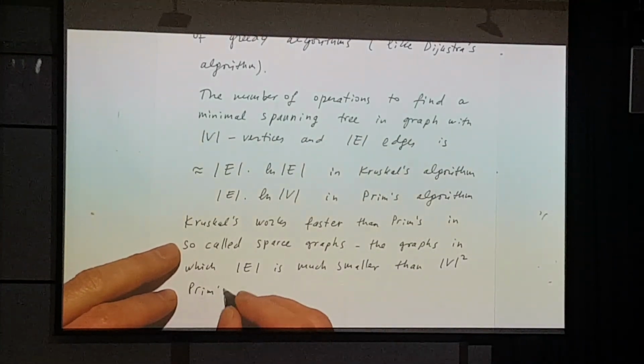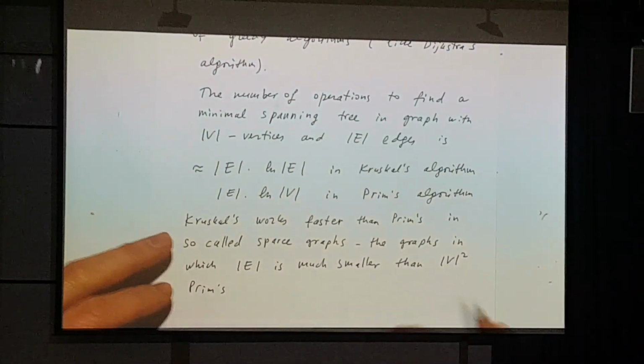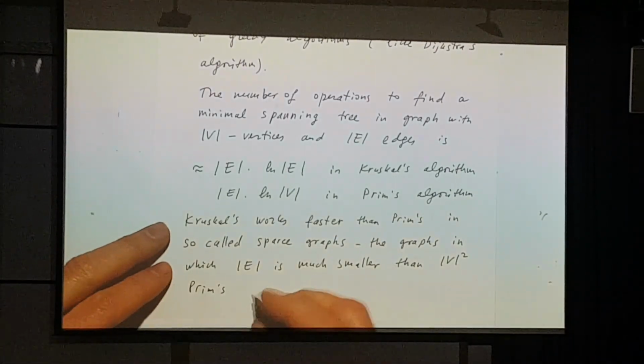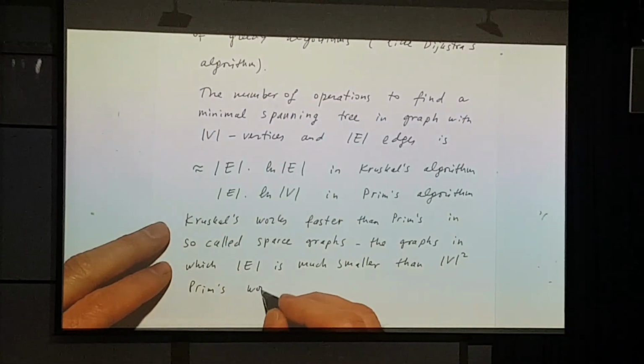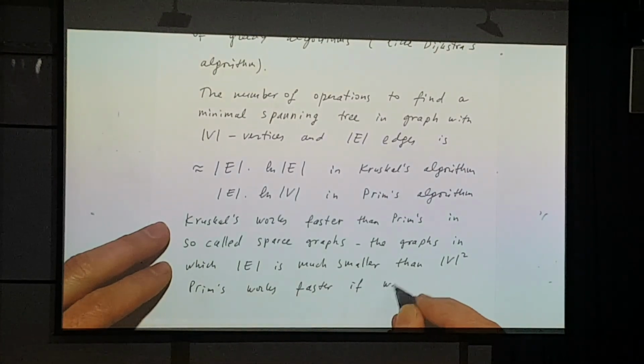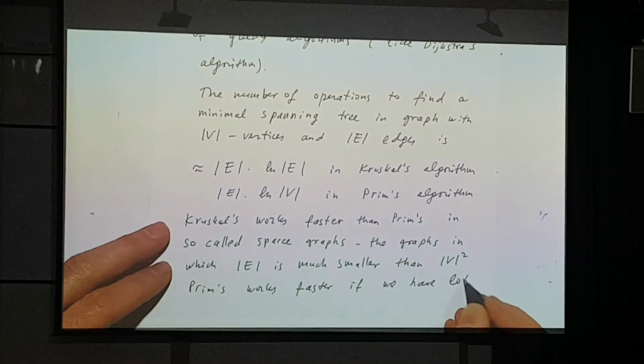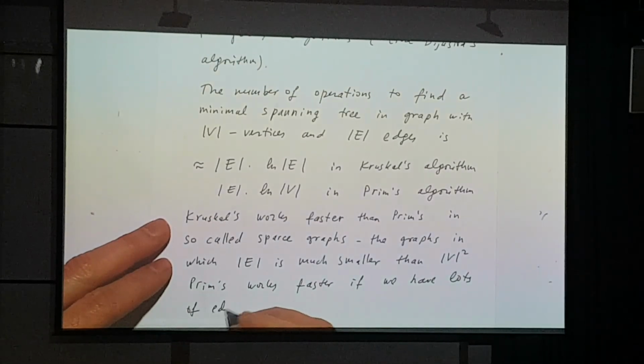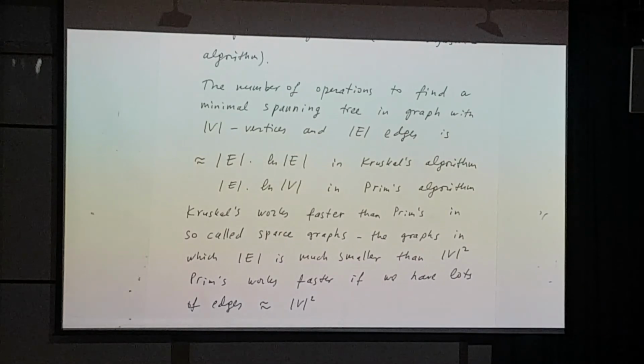And just the last remark, Prim's algorithm works faster if we have lots of edges, of the order of the number of vertices squared.